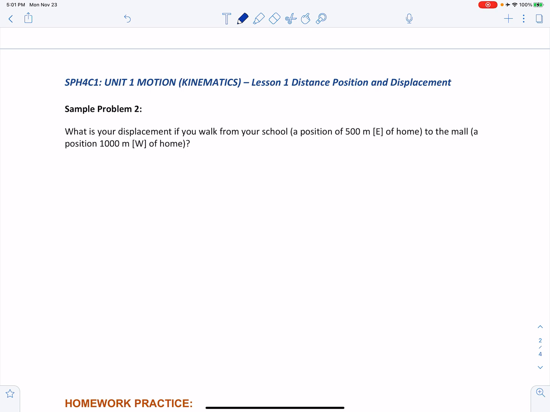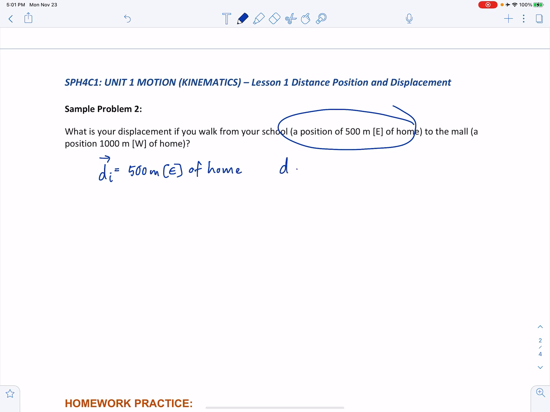So I'm going to start by writing down what's given. The first thing that's given is our initial position, and it's 500 meters east of home. Our final position is also given, and it's 1,000 meters west of home.